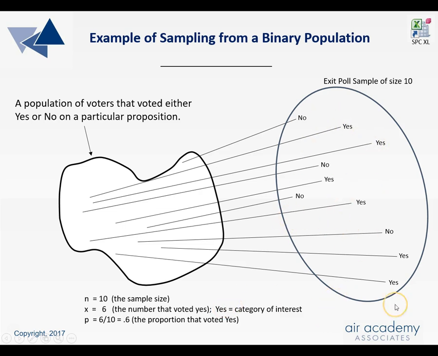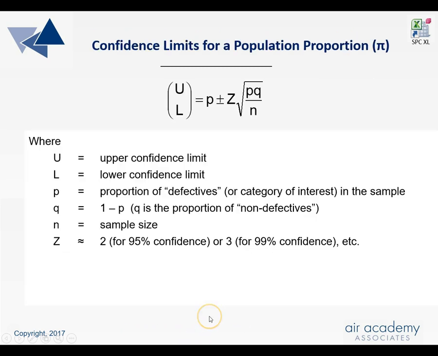Of the 10 sample size, 6 indicated that they voted yes, 4 indicated that they voted no, and the proportion in the sample that voted yes, which is the category of interest, is 6 over 10, or 0.6.